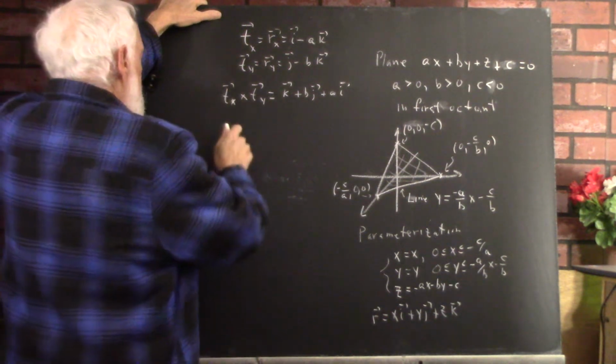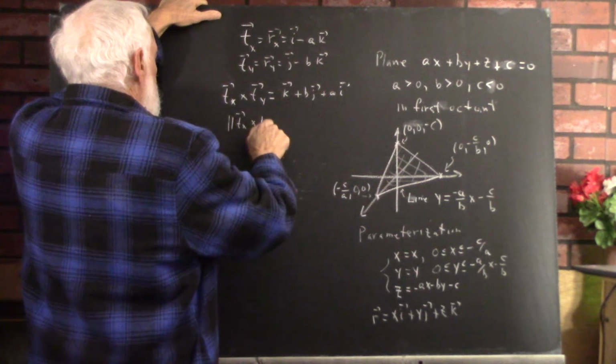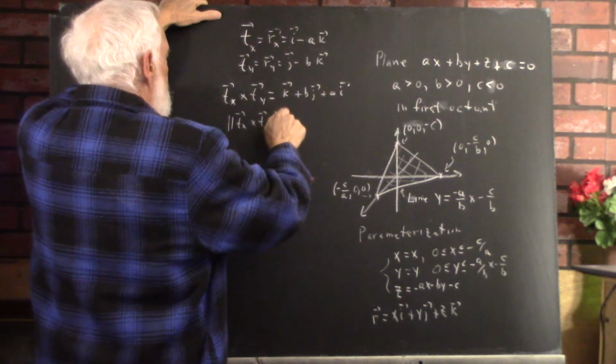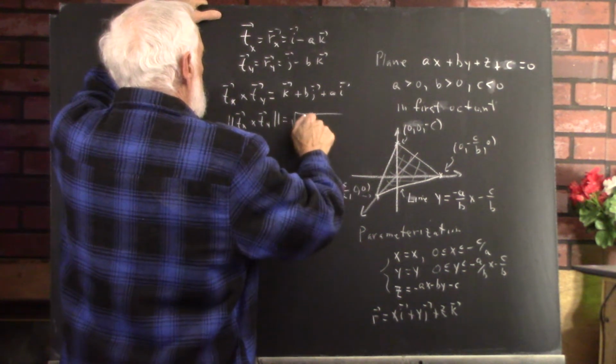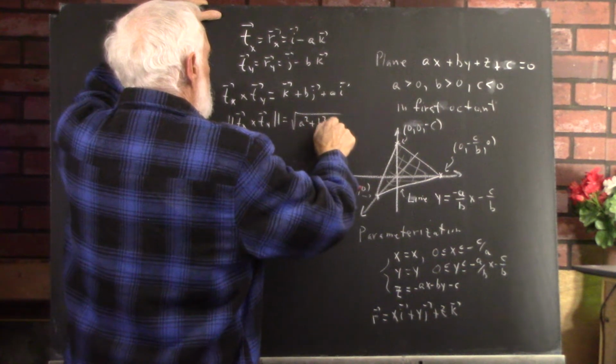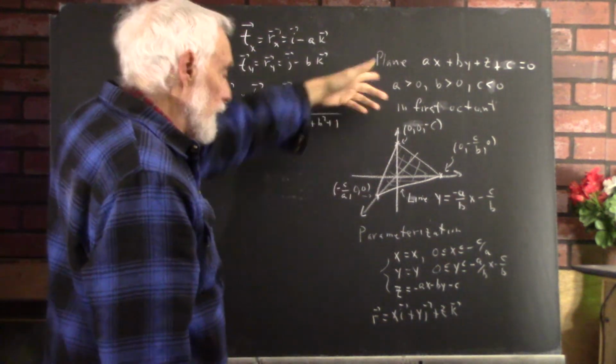So it's this. The magnitude of Tx cross Ty equals the square root of a squared plus b squared plus 1. This is constant. A and b are constants.